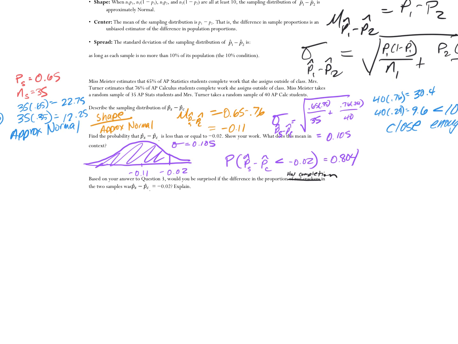How would you put this in? Normal CDF. Okay. So would it be surprising if that happened? If we got a value of negative 0.02 or less? Is that surprising at all? Not at all. Not surprising. You would expect that to happen. And that's all I got.